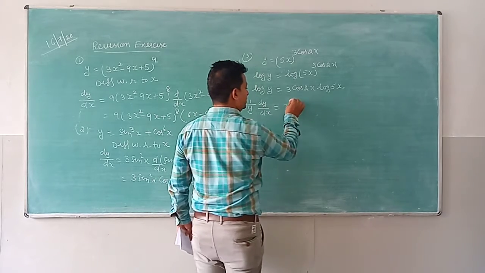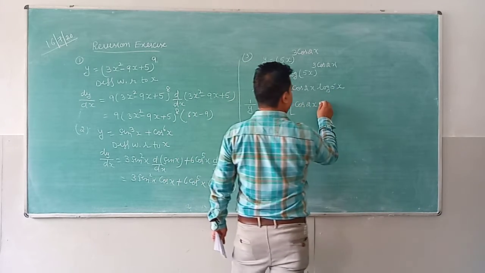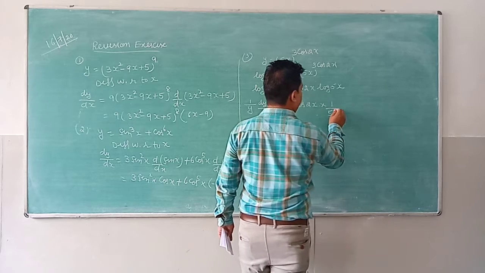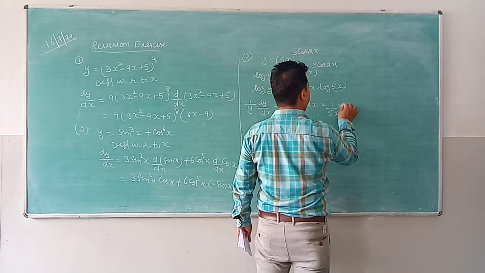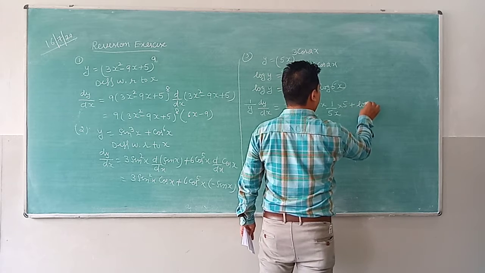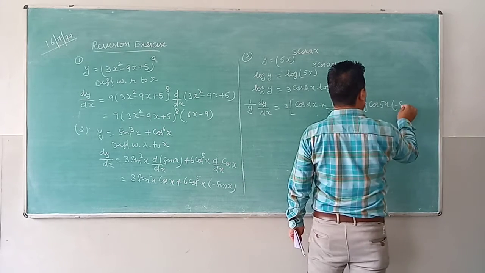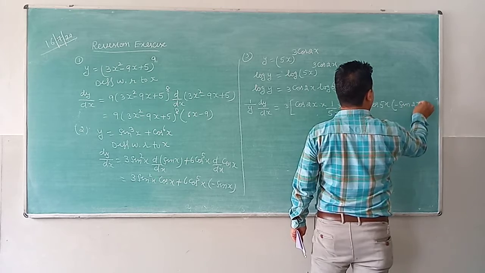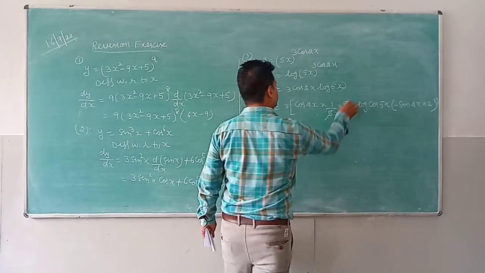Here we use the product rule. For cos 2x, the differentiation of log 5x is 1/(5x) and the differentiation of 5x is 5. So this is log cos 5x. Differentiation of cos is minus sin 2x and differentiation of the angle is 2. This cancels out.